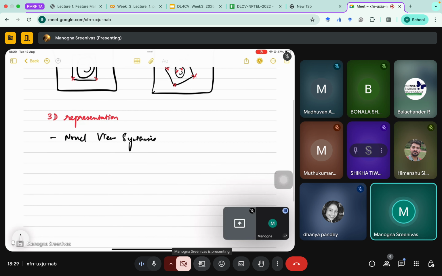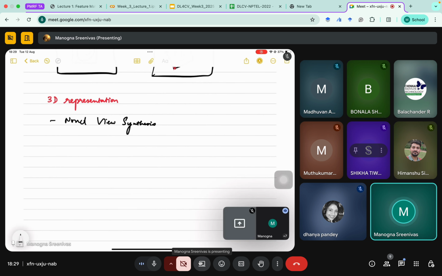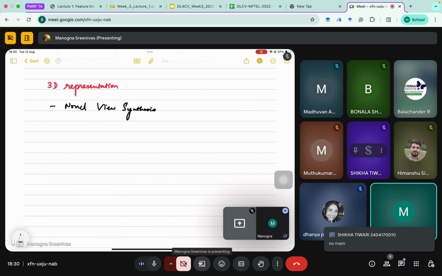So the problem of novel view synthesis. Have you guys heard about NeRFs? Not the Nerf cartoon. NeRF models for 3D representations. Okay. Yeah, it's one of the very recent models.